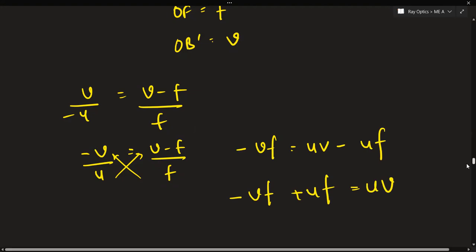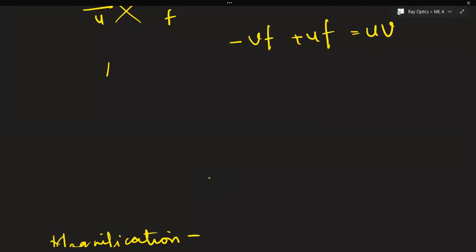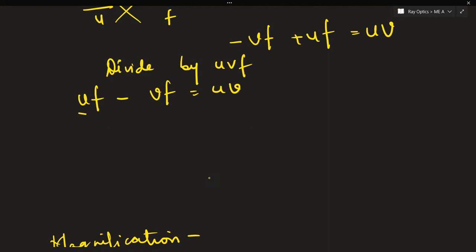Now let us divide this entire equation by UVF. So you have UF minus VF is equal to UV, divided by UVF.